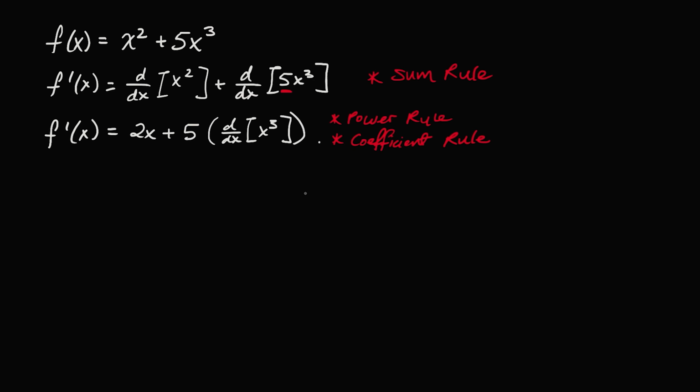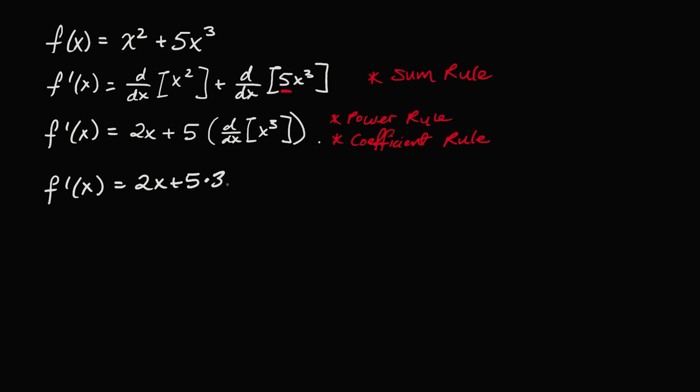Alright, so since we understand all of that, now we can get to evaluating the last term, the derivative. We have n times x to the n minus 1 power. N in this case is 3, so we're gonna times this by 3.